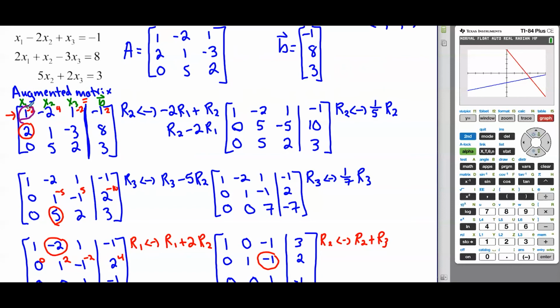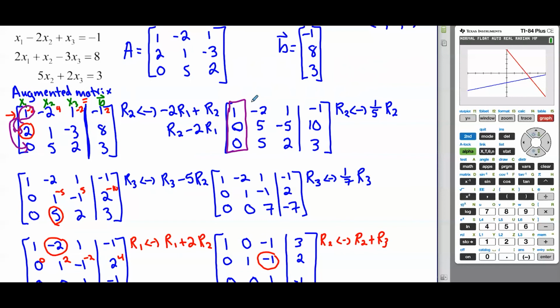And it already was a 1, so we didn't have to do anything there. The next step is to use that 1 to make every other member of that column a 0. Now I already had a 0 in the third entry of the first column, so all I had to do was get rid of this 2. That's what I did here. So that means our first column was done after just one step. Okay, but it could take you more steps on a different problem.